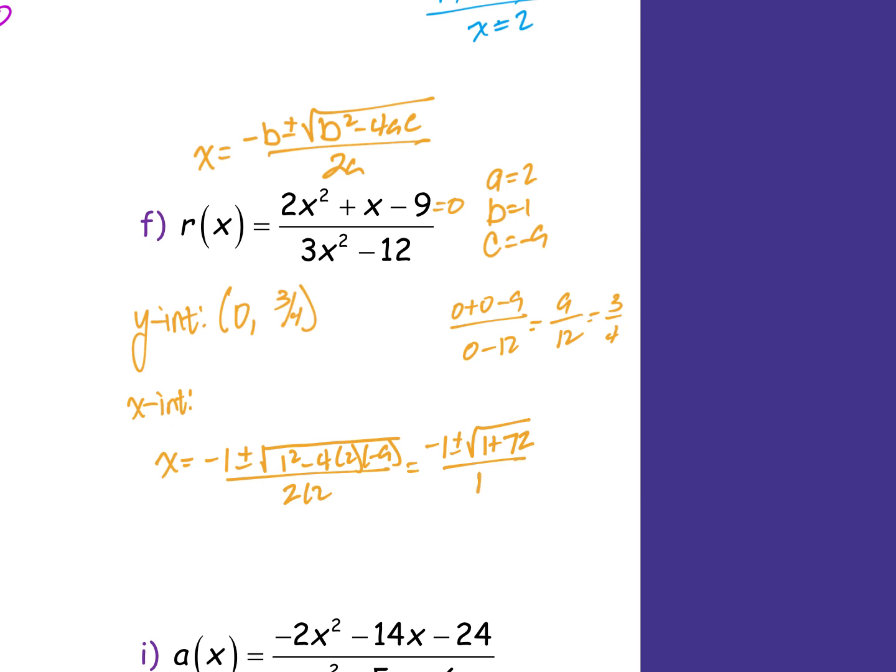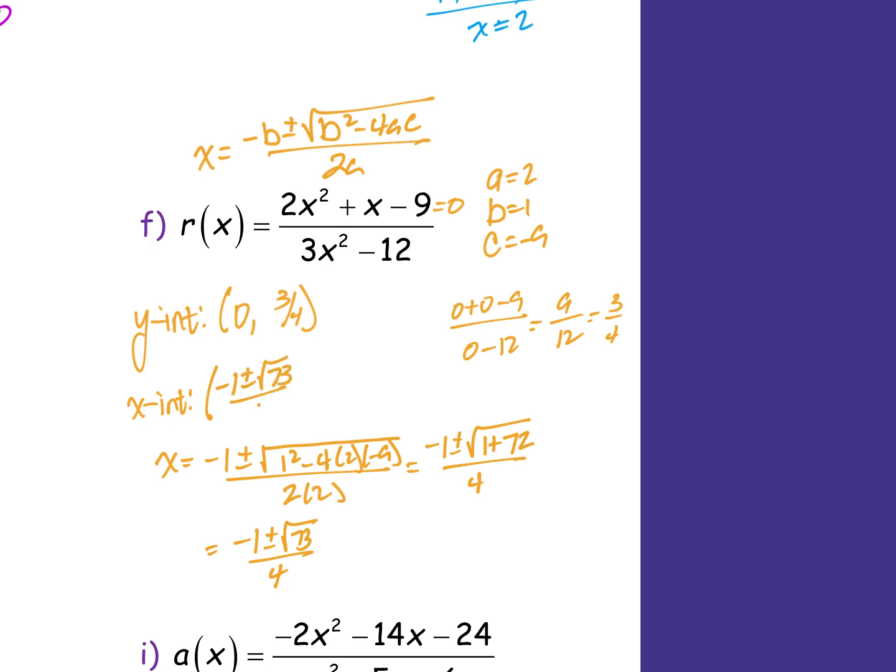That is correct. All over 4. So this should equal -1 plus or minus the square root of 73 divided by 4. Okay, at least it wasn't too terribly a lot of simplifying.